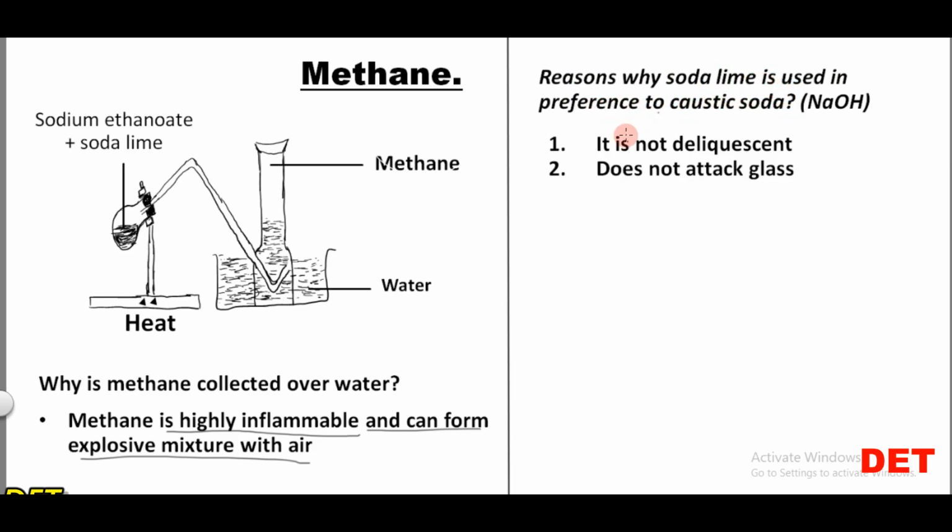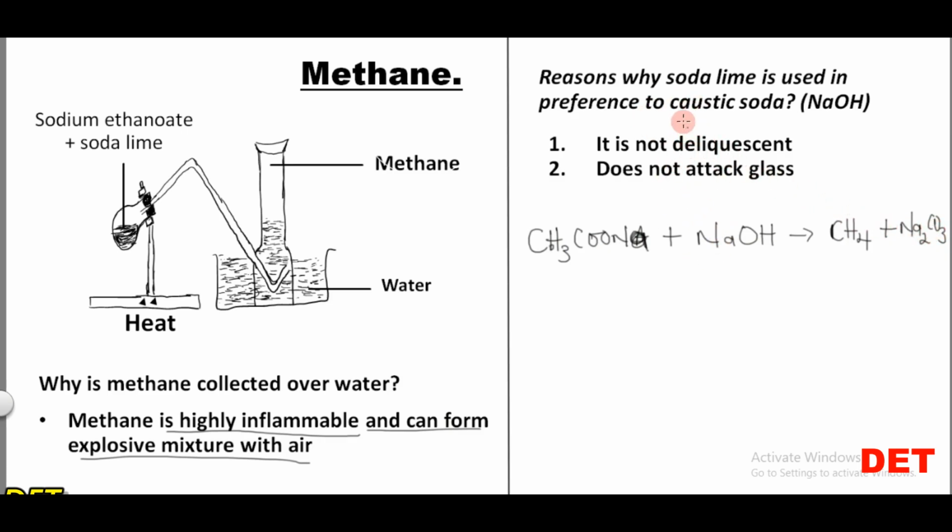In the laboratory preparation of methane, methane is prepared by the reaction of sodium ethanoate plus sodium hydroxide, and that will give you methane, CH4, and sodium carbonate.